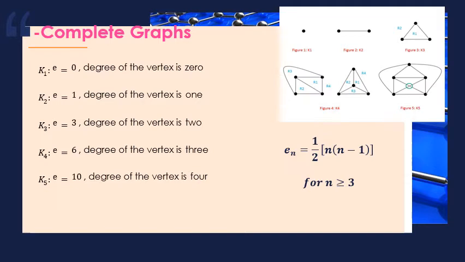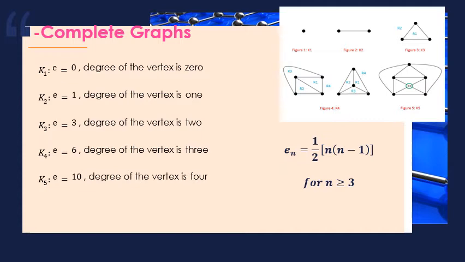Next, K2 or figure 2, we have one line, so we have one edge, and each vertex is connected by only one line. So the degree of the vertex is 1.